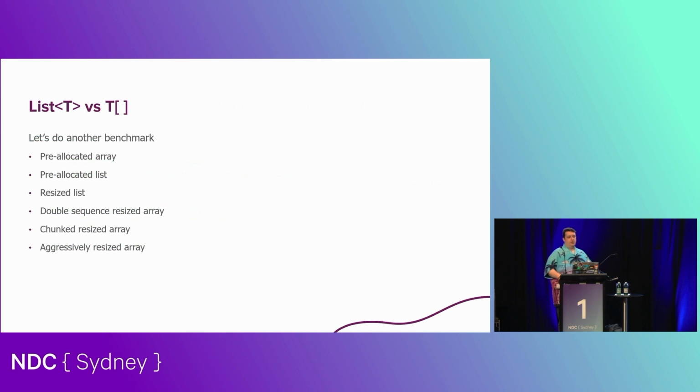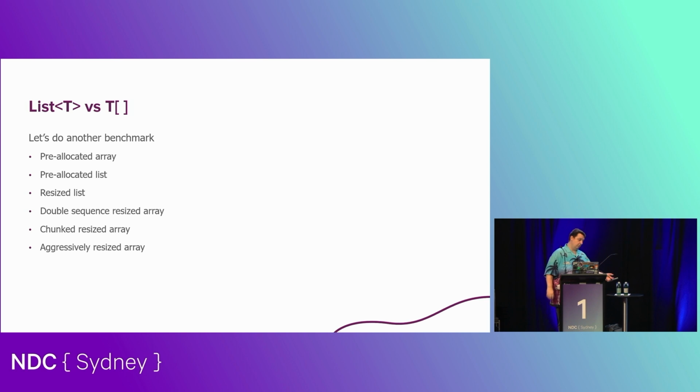Now, I did mention lists of T and T arrays. Let's do another benchmark. Because in this port I just immediately decided I'm going to go for arrays, because arrays are fast. There's no denying this. But then someone called me out and said, you could just have pre-allocated your list of T. You could have a list of bytes, and if you know numVertices, you can say new List of T, numVertices, you're done.